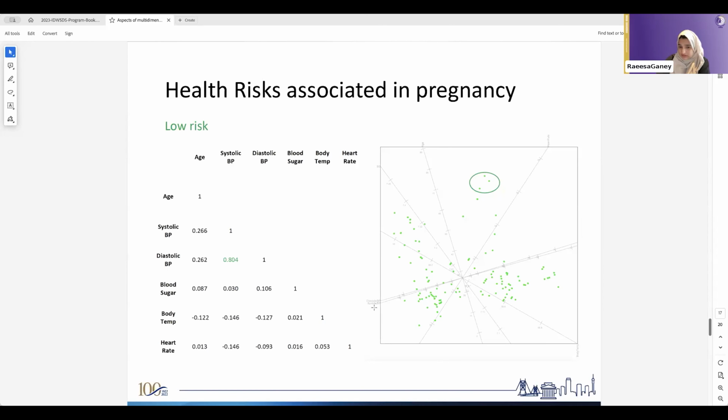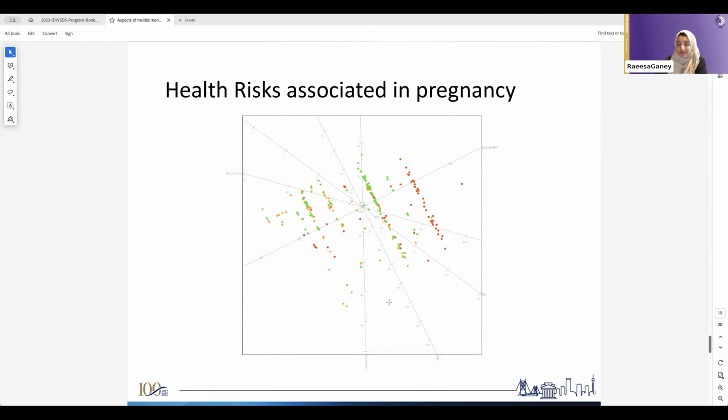Since diastolic and systolic blood pressure were very highly correlated, I removed one, because if one is suggesting something, then the other will suggest the same thing. So I removed that, and then my biplot changed completely. Again, I'm seeing these linear trends, so certain values of the systolic blood pressure. What's nice is that I can see some clustering happening.